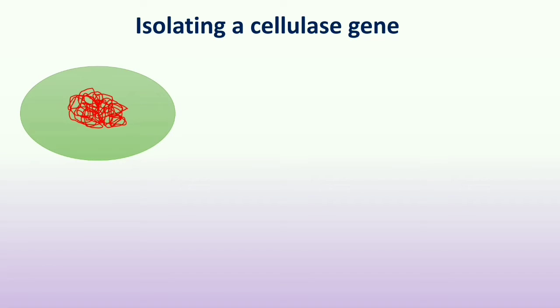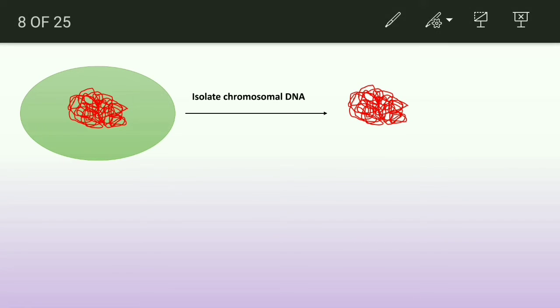The second step is obtaining a clone bank of DNA from a cellulolytic prokaryote. For this purpose, you need to isolate the cellulolytic prokaryotic organism and isolate its chromosomal DNA.